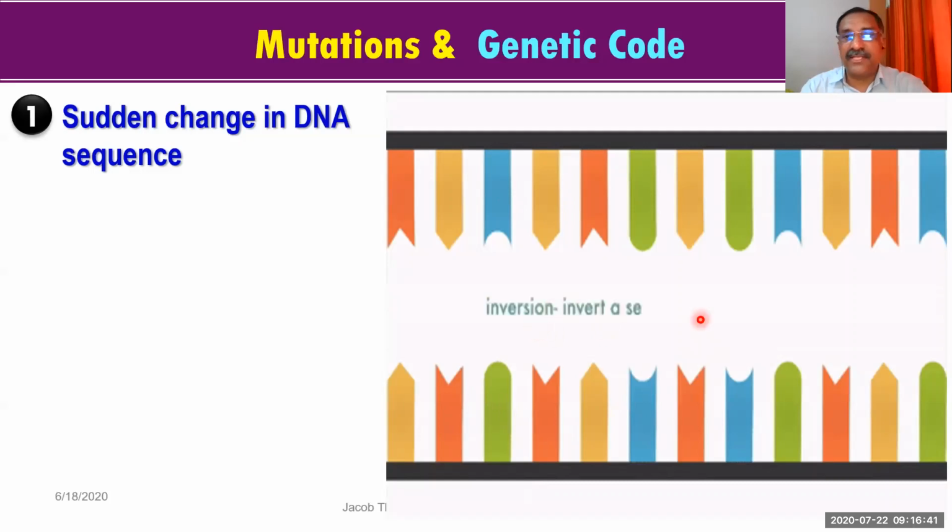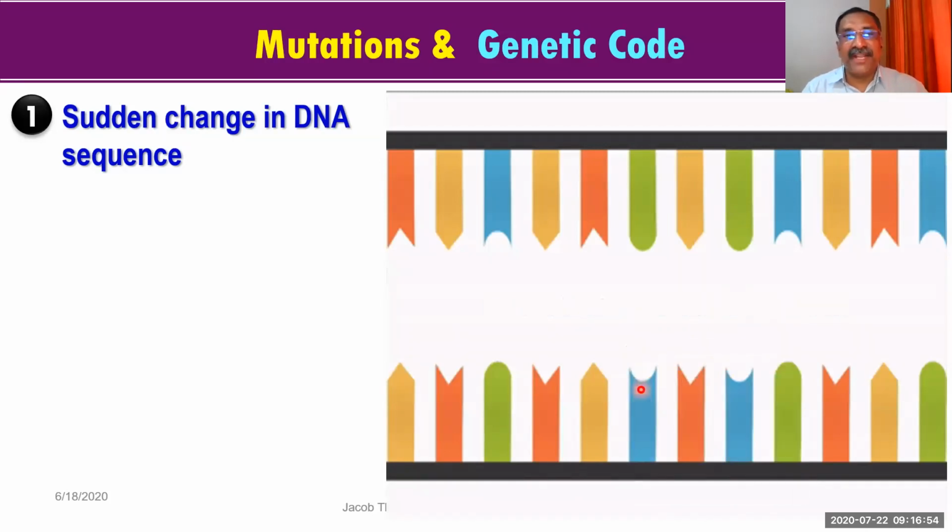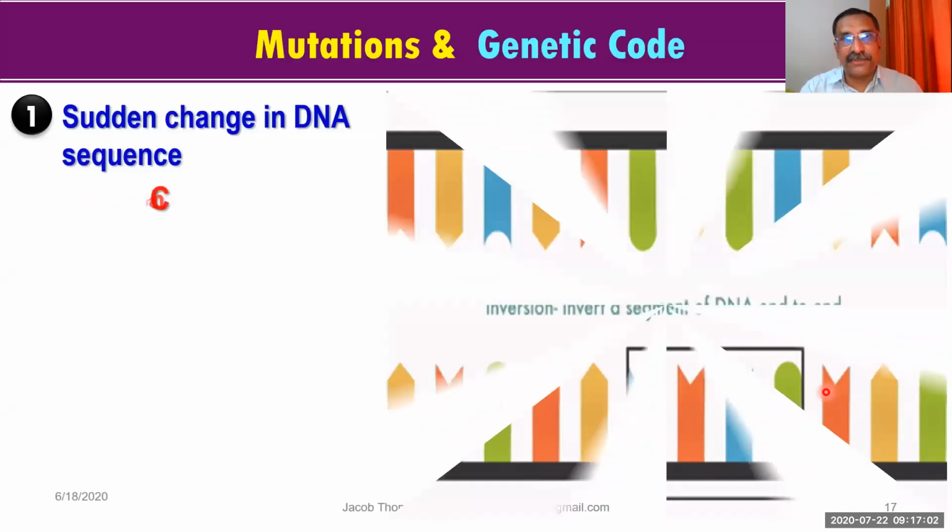If you are observing this moving picture, you can see very clearly one segment of the DNA is cut, then inverted, and then joined back. Then the nitrogen base sequence is getting changed. That is a mutation. That is a kind of mutation.